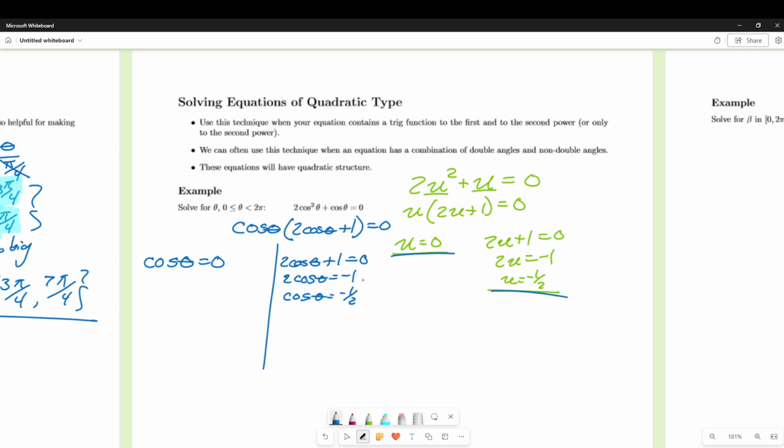The difference is here we're not done. We still have to finish solving for theta. So we have to ask ourselves, what's the cosine inverse of 0? Well, cosine is 0 at, what's cosine 0? It's cosine 0 at pi over 2 and anything coterminal.